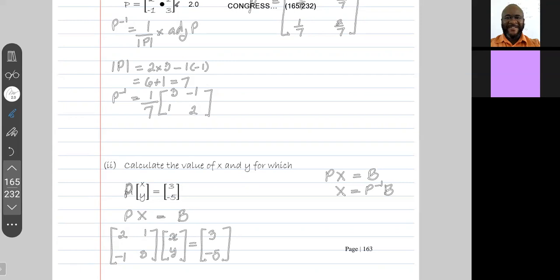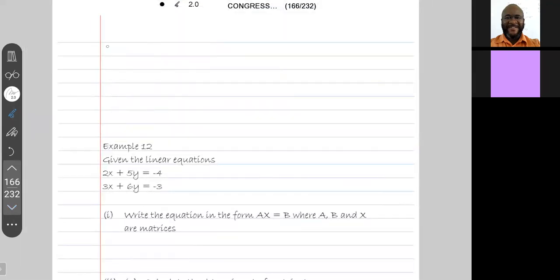So X, which is XY, is equal to P inverse, 1/7, 3 minus 1, 1, 2, times B, which is 3, minus 5.